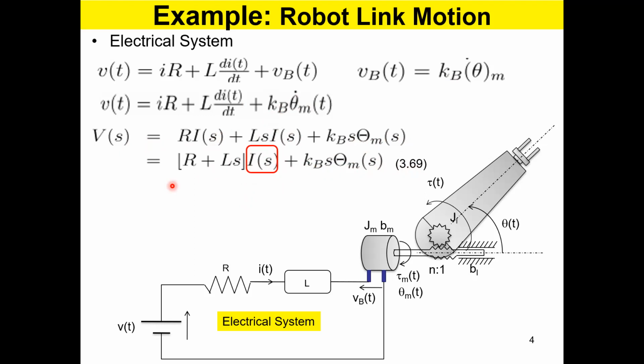The first equation for this example is Vs is equal to (R plus Ls) Is plus kb s theta Ms. So we have figured out a relationship between the voltage and the current of the circuit and theta M, the motor angle. So now you can think that this is not what we want. We want theta, this angle, and this voltage, right? So this is something in between. We have Is, we have theta Ms.